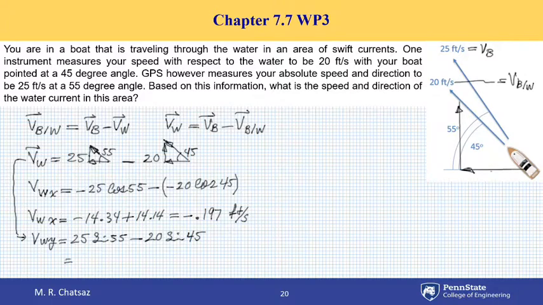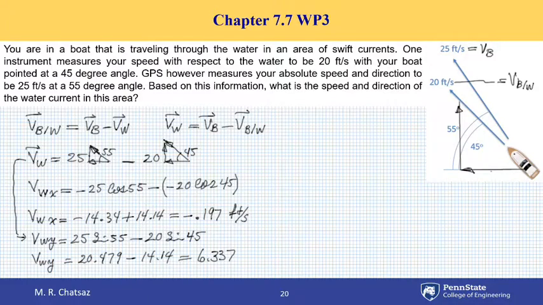And numerically, I have 20.479 for the first term minus 14.14 for the second term, giving me net value of 6.337. So I have the two components of velocity of water.